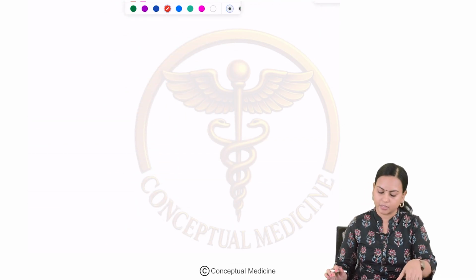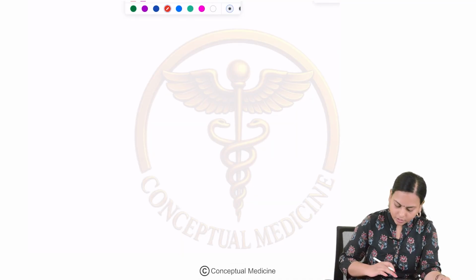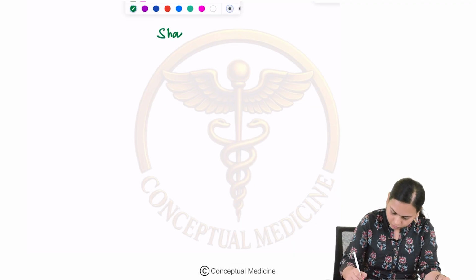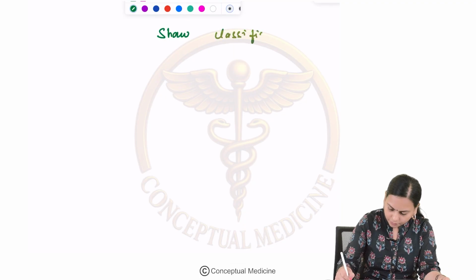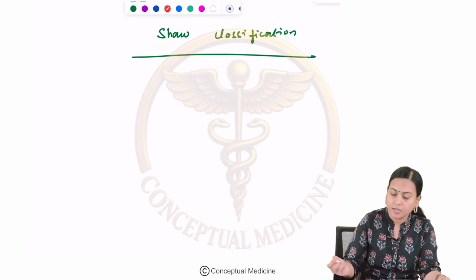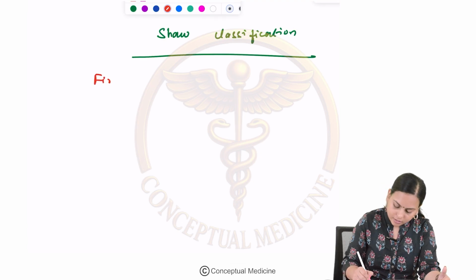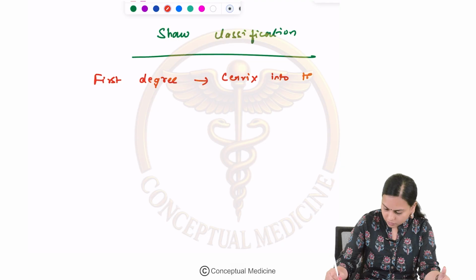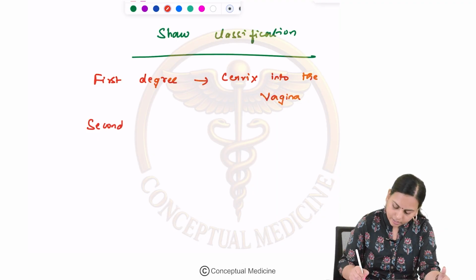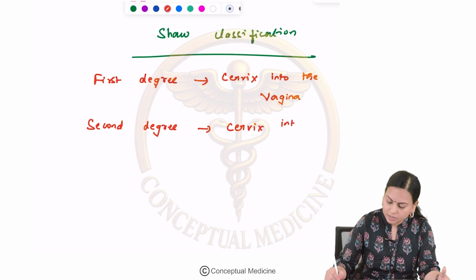Clear? Right. We also have another classification that was given by Shaw. So, Shaw classification of pelvic organ prolapse. Okay. Here we have 4 degrees. The first degree means there is descent of the cervix into the vagina. Okay. And second degree prolapse means there is descent of the cervix into the introitus.